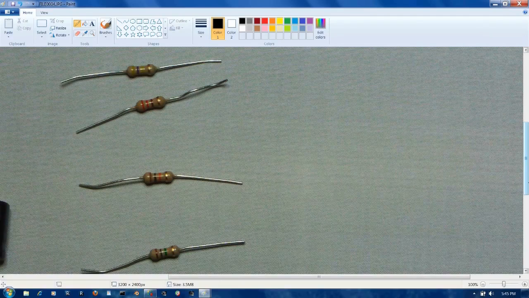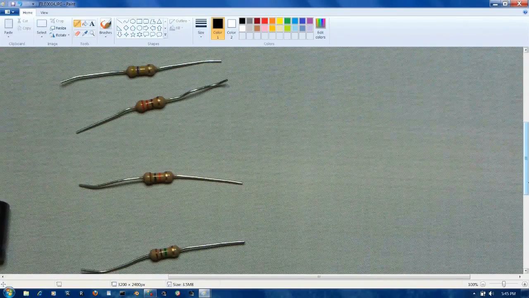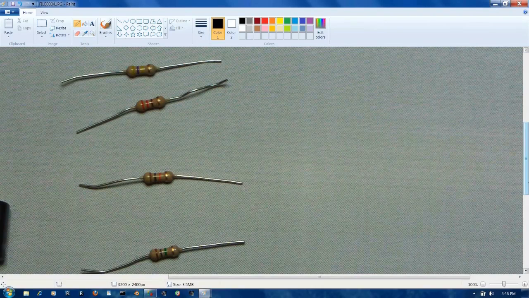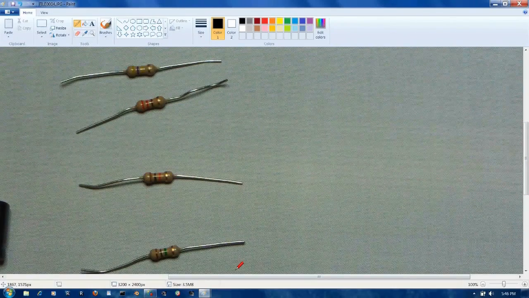What Ohm's law does for us is tell us whether we can safely put a component into our circuit, or what we need to safely put a component into our circuit. It also tells us how much power we need, or how much amperage we need to power our circuit. It tells us many things. Let's actually just get into it instead of talking about it.